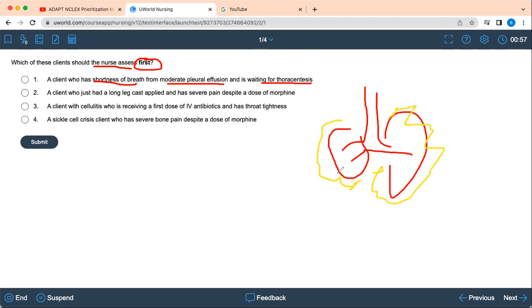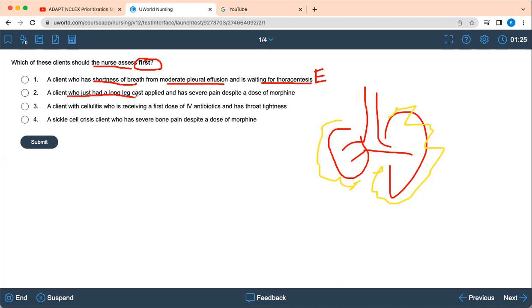If you have fluid here, you should expect this patient to have shortness of breath. So this is an expected finding, even though we have to take care of it. It's waiting for thoracentesis to remove the fluid to allow the lung to expand. So pleural effusion should cause shortness of breath, so we should expect this to be a normal, expected finding.